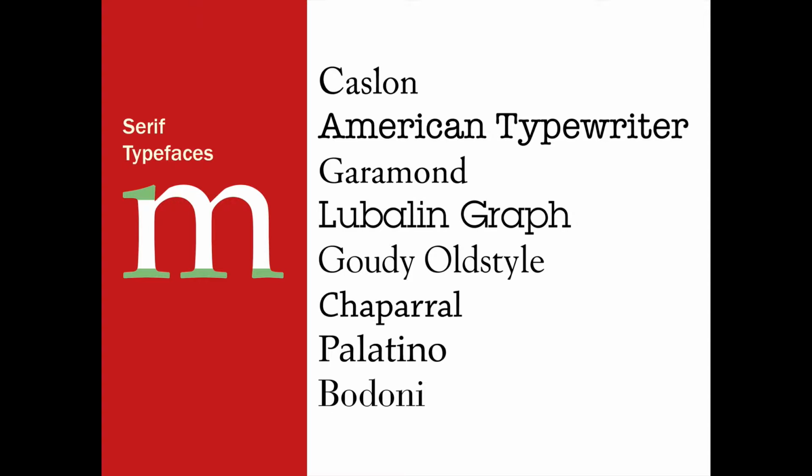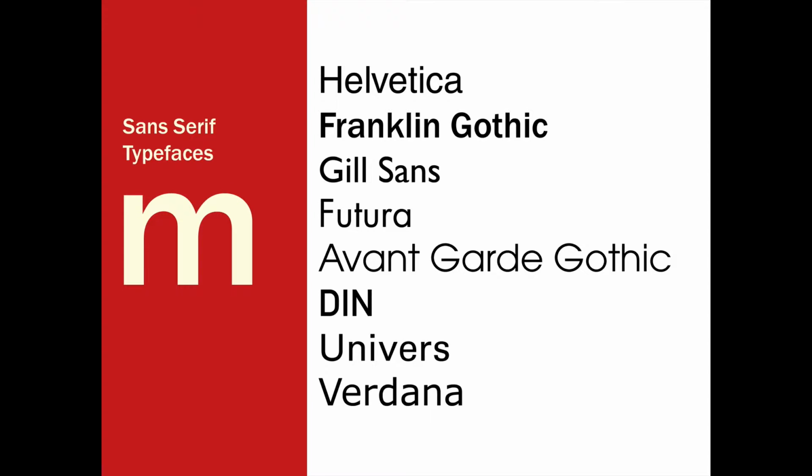There are many, many different styles of serifs which originated in different historical periods. We will maybe talk about that in a future video. But for today, we're just going to look at the difference between serif typefaces and sans serif that do not have the feet on the bottom or the tags on the top.